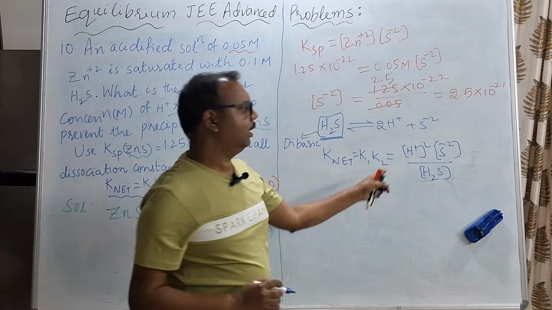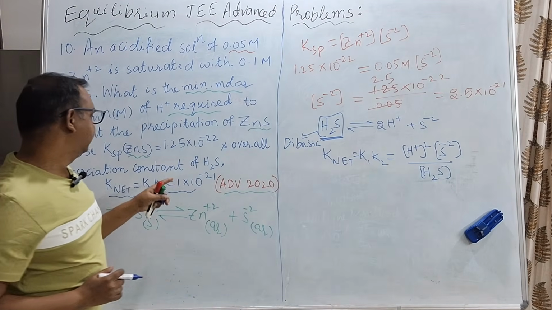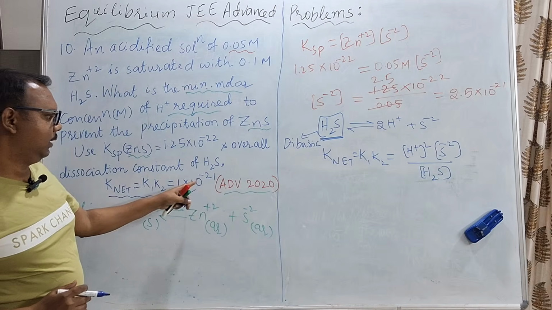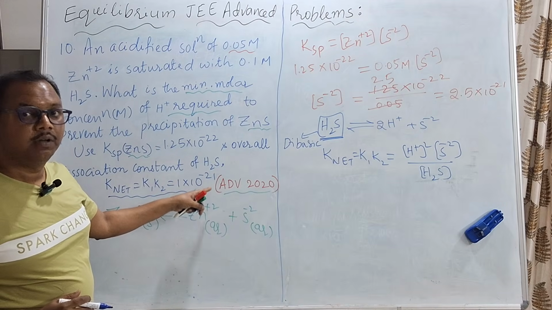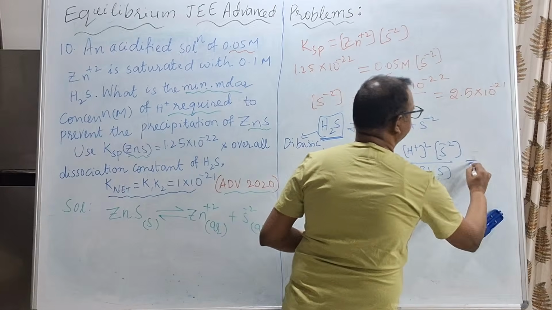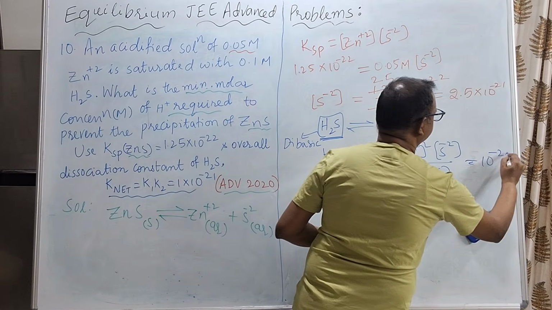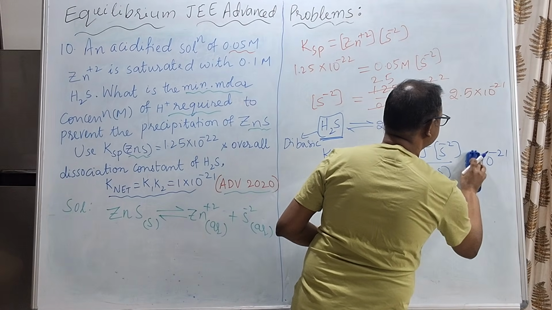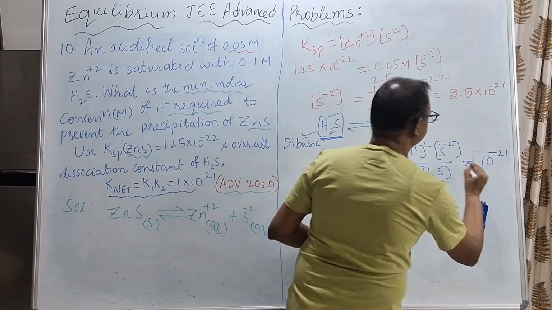This is the overall equation, and K net, K1 into K2, is given as 10 power minus 21, which was given in the question.